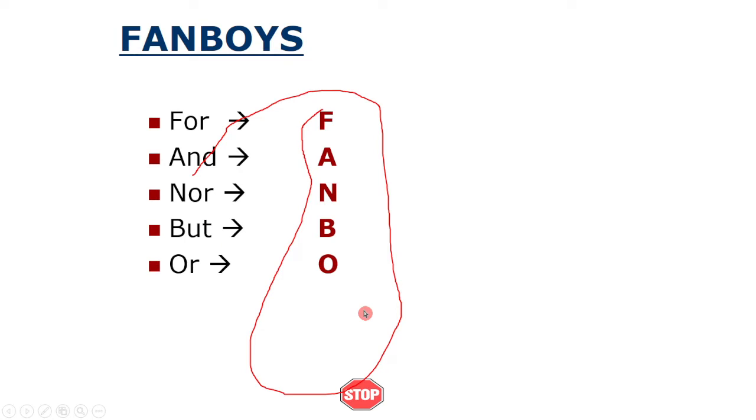So for F, A, N, B, O, Y, S. So this is FANBOYS. Mostly we use these conjunctions to combine compound sentences.